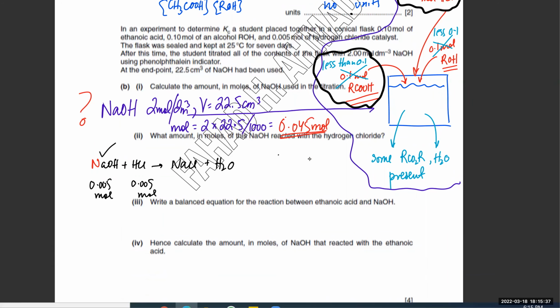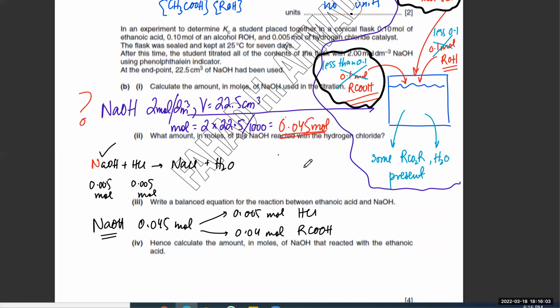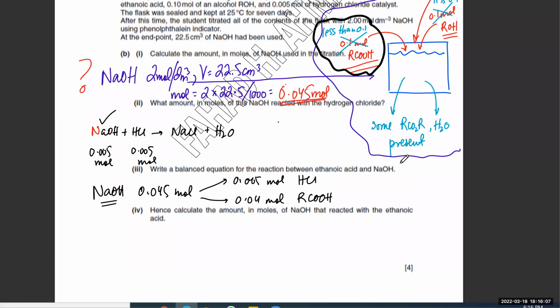चलो, इसका मतलब है कि ये जो 0.045 ऐड किया था ना, you figured out that 0.005 moles are reacting with HCl. तो ये बाकी किसके साथ रिएक्ट कर रहा है? जो बाकी, how much is left? 0.04 moles of NaOH. So they would probably react with the carboxylic acid, ethanoic acid, because that's another acid. तो उसने कहा कि इक्वेशन बनाओ ethanoic acid और NaOH की.